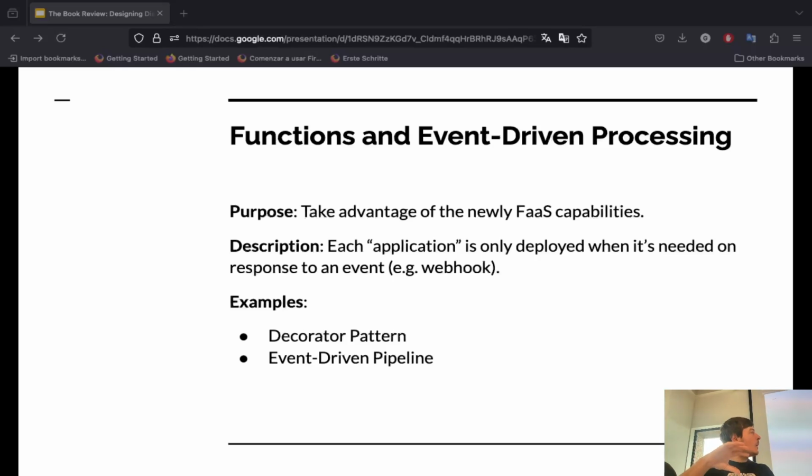Usually what it mentions about this is that we could deploy a function that acts as a decorator to a request. Maybe we have a long-running service, and we want to decorate a request or a response by adding some information on top of that, whatever we need to do. So we can deploy this decorator as a function.